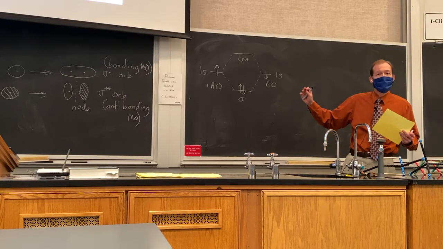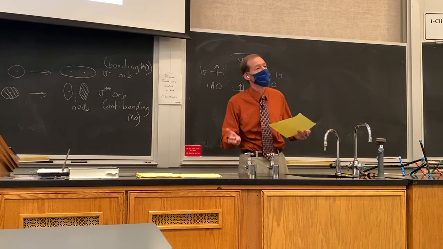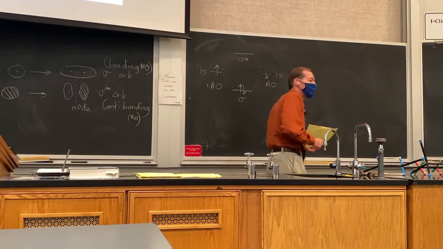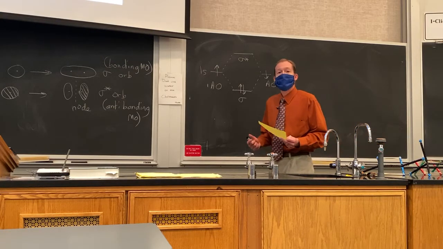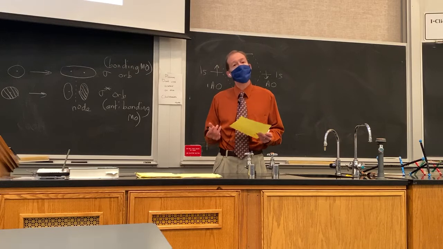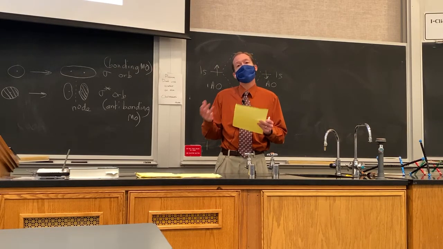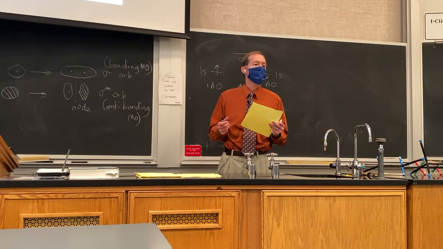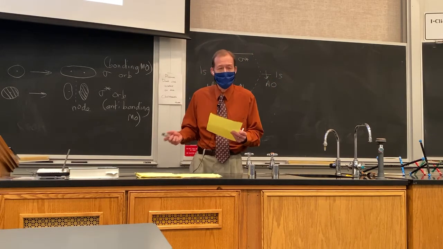Okay? So you might be wondering, well, what's the significance of an empty orbital? Especially one that's called an antibonding orbital. Well, it becomes significant when we start talking about reactions. In reactions, bonds in our starting materials will break, and they will be replaced by new bonds that are formed in the products of a reaction. Okay?